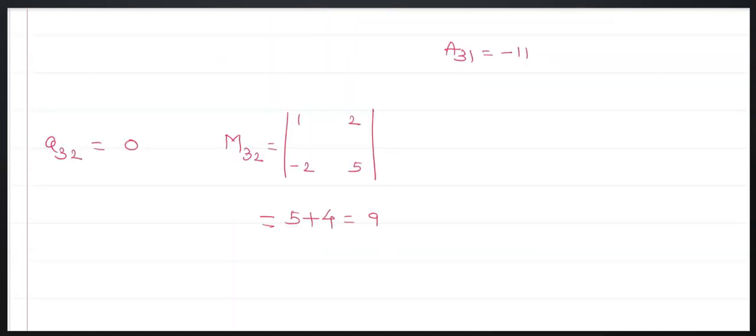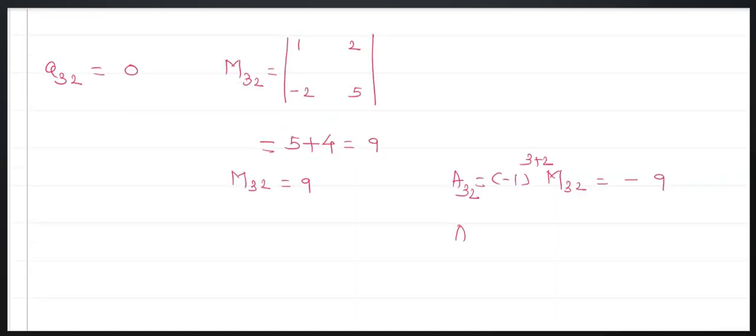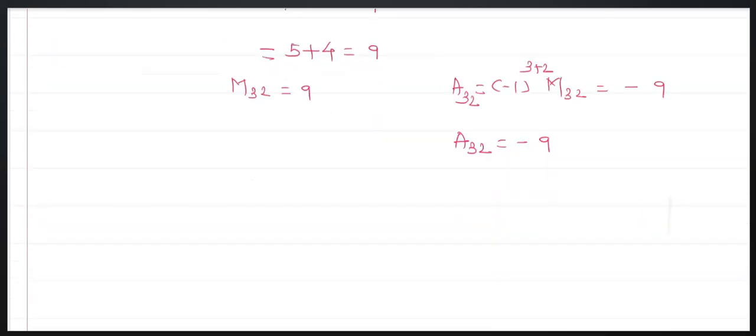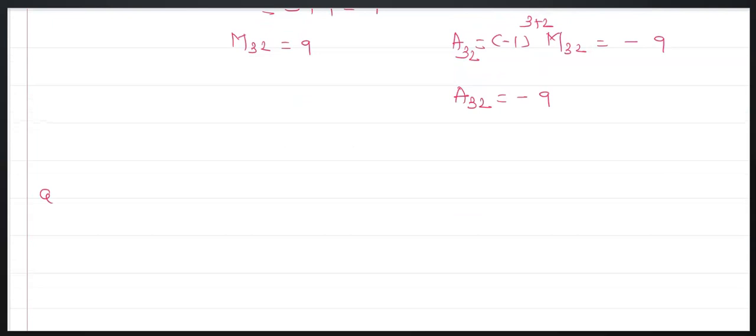And it's a determinant. You can solve it. 5 plus 4, that is equal to 9. Therefore, A32 is equal to minus 1 raised to 3 plus 2, M32, that is minus 9. And A32 is minus 9.